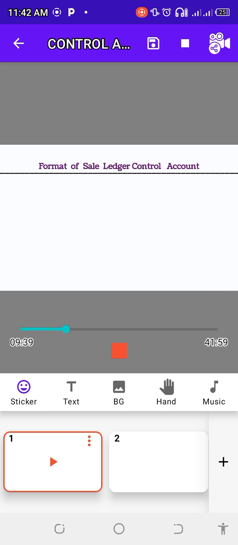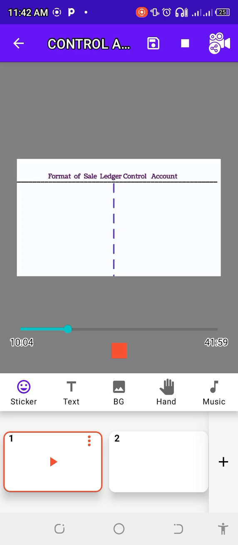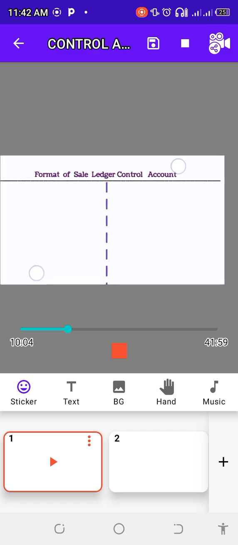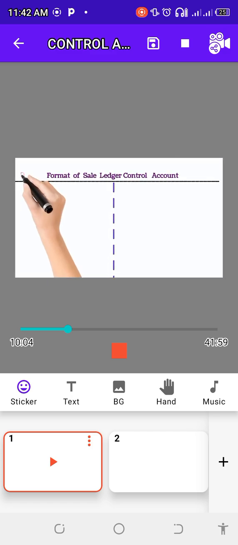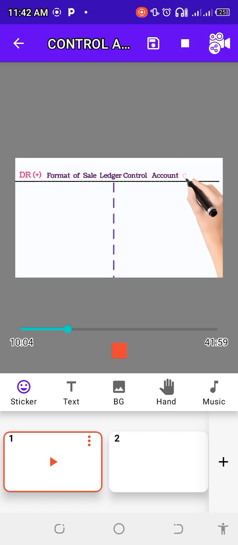The format of the sales ledger control account is like the master key to get every knowledge that we need in control accounts. Everything that we are going to do in control accounts is going to follow this format. The control account, being a current asset account, increases by the debit side and reduces by the credit side.